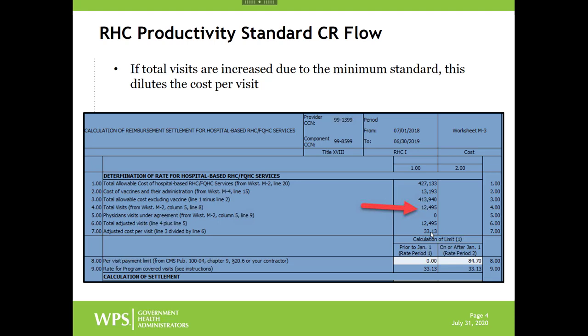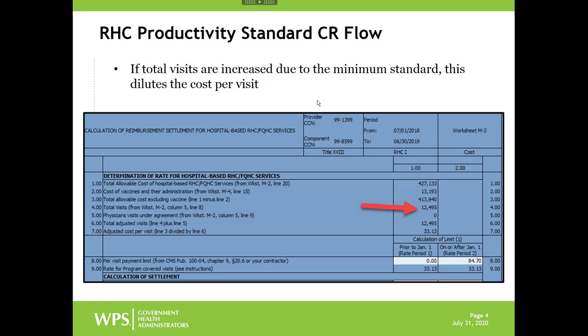So this just goes to show that being subject to the RHC productivity standards and being under those standards, so not having achieved those standards, will result in the cost per visit dropping when the standards are applied. So this reduces the cost per visit, which is ultimately going to reduce the reimbursement for this clinic.